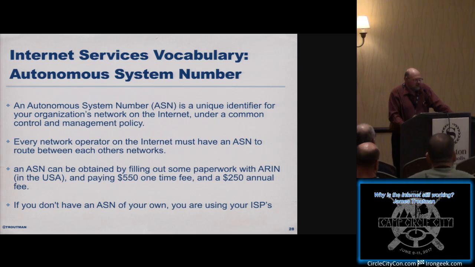Even reasonably large businesses don't have ASNs, meaning that they're actually using their internet provider's ASN. You can get an ASN pretty easily. It's just some paperwork to fill out, $550 one-time fee, $250 annual fee. So if you don't have an autonomous system number, again, you're using your internet provider. They are routing your traffic to you.